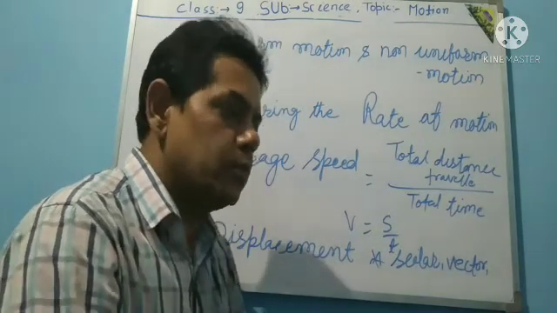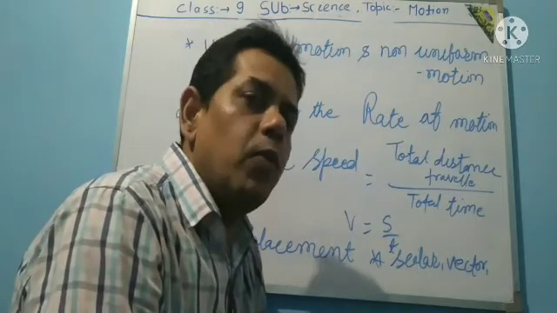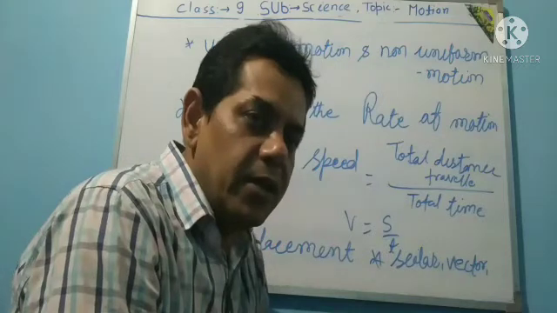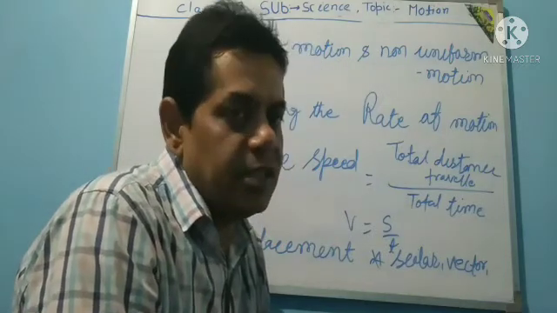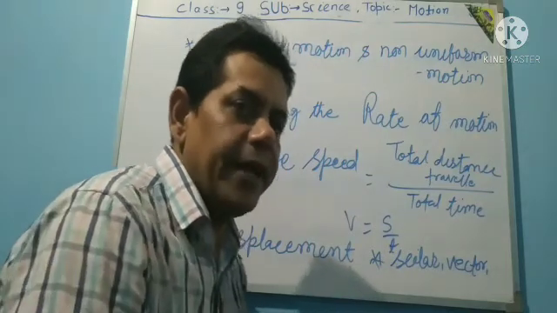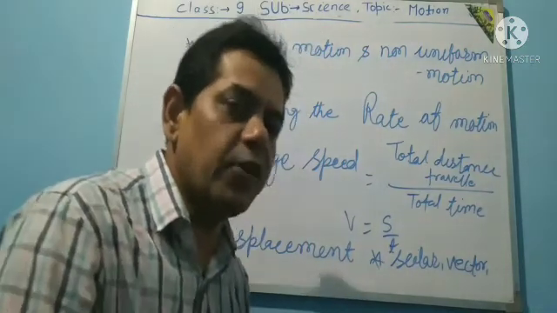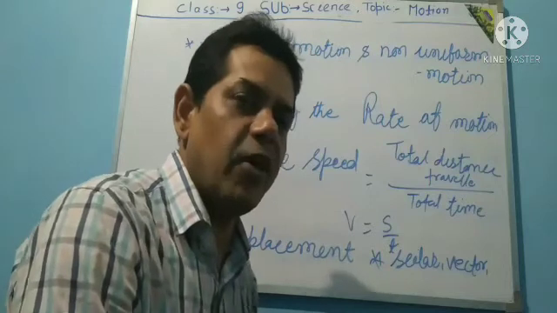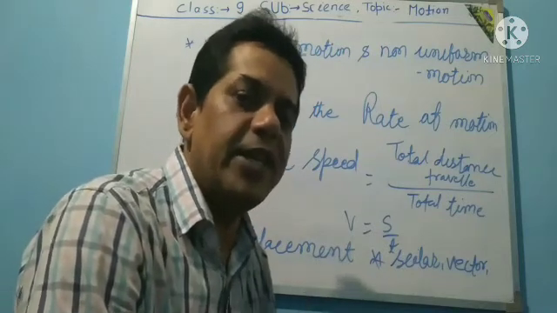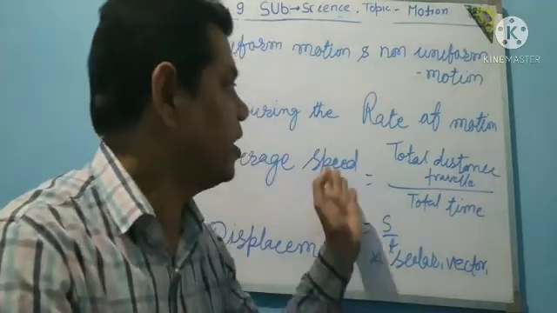How it reaches from one position to another, that time duration and total distance, that is rate. So it is the rate of change with respect to time, that is average speed.